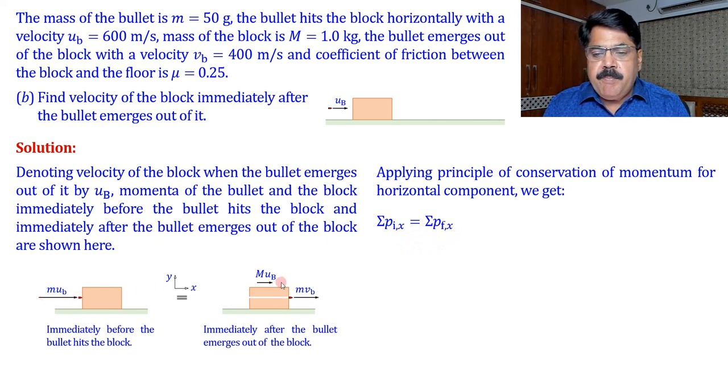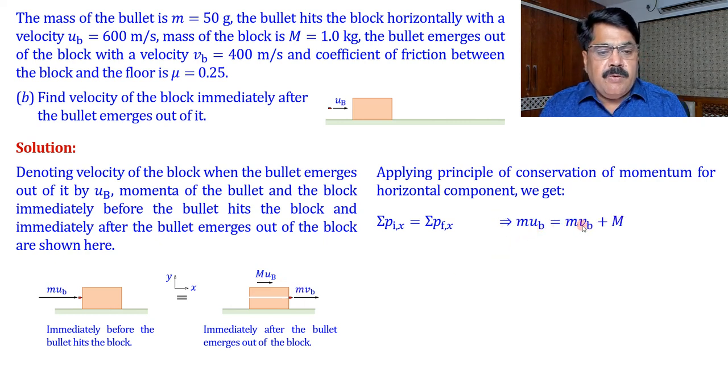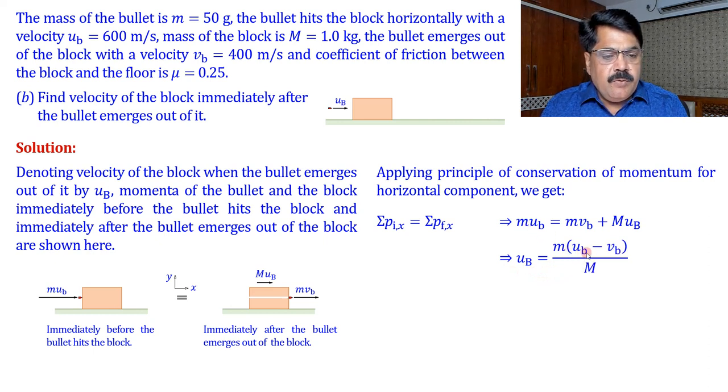What is summation p_final x? This momentum plus this momentum. So let us write this: m u_b equals m v_b plus capital M u_B. From here we can calculate u_B. That is very simple: small m (u_b minus v_b) upon capital M. So in this way we have an expression for the velocity of the block immediately after the bullet emerges out of it.